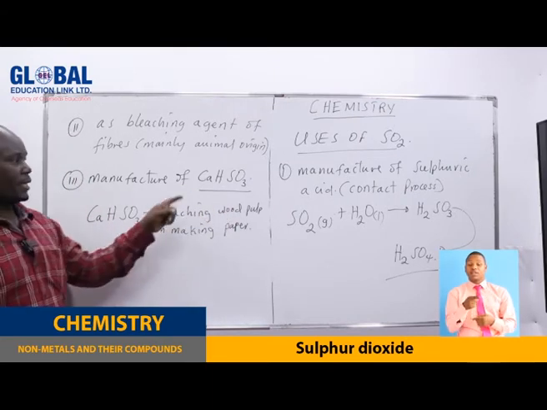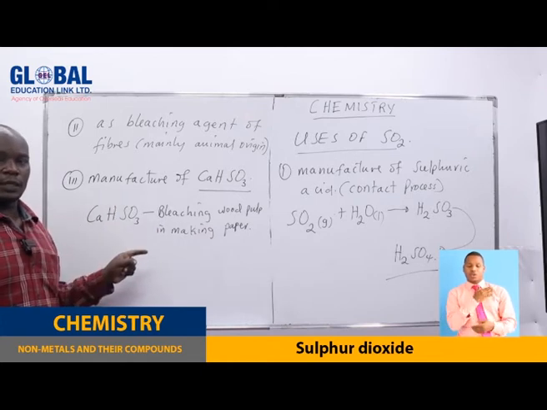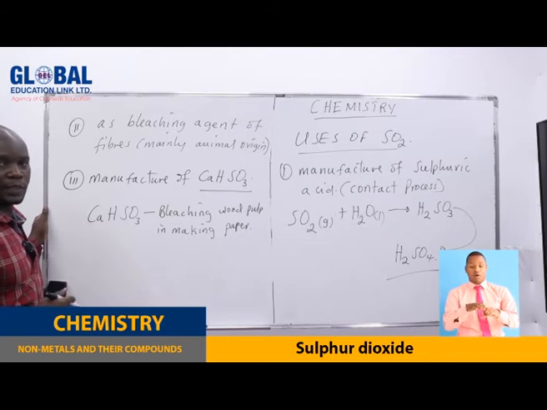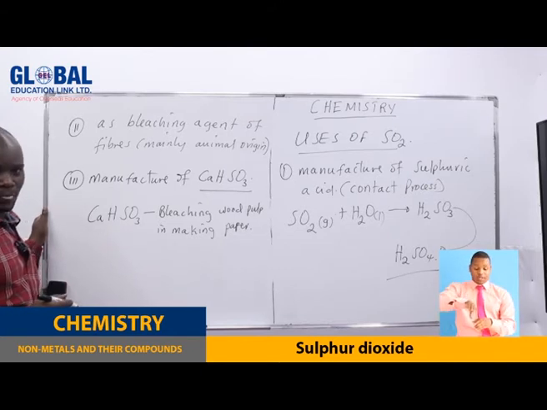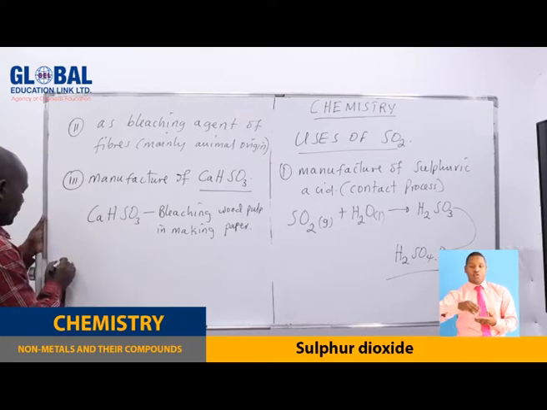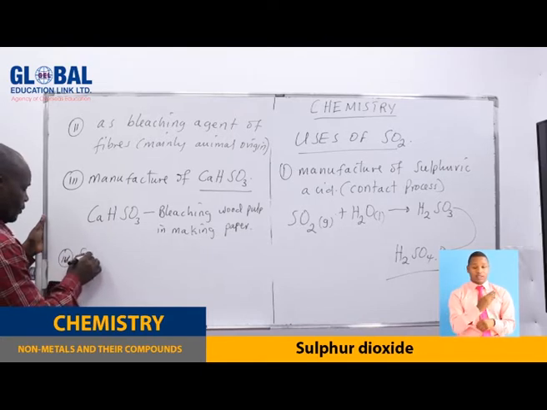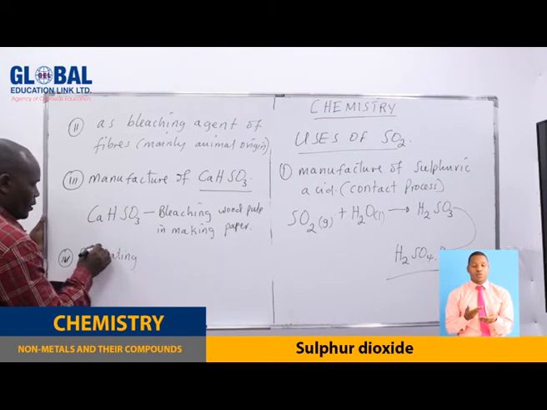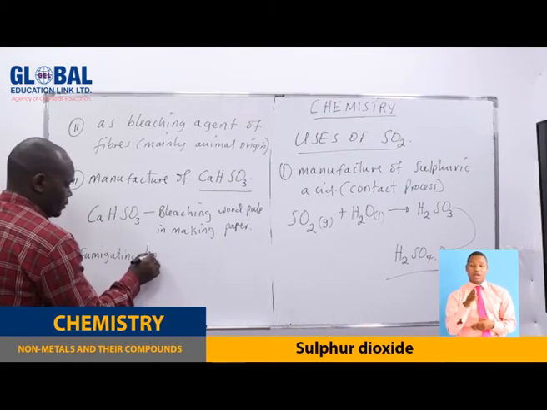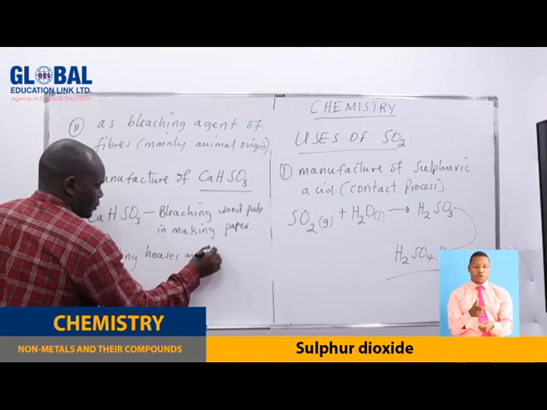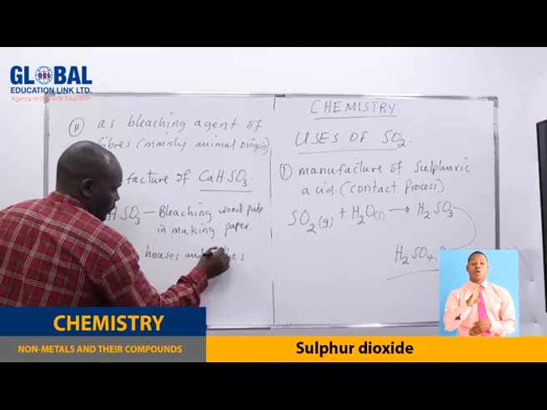So it is the application of sulfur dioxide that results in the formation of that compound which is known as calcium hydrogen sulfite. But not only that, sulfur dioxide is also used in fumigation, in fumigating houses and clothes.